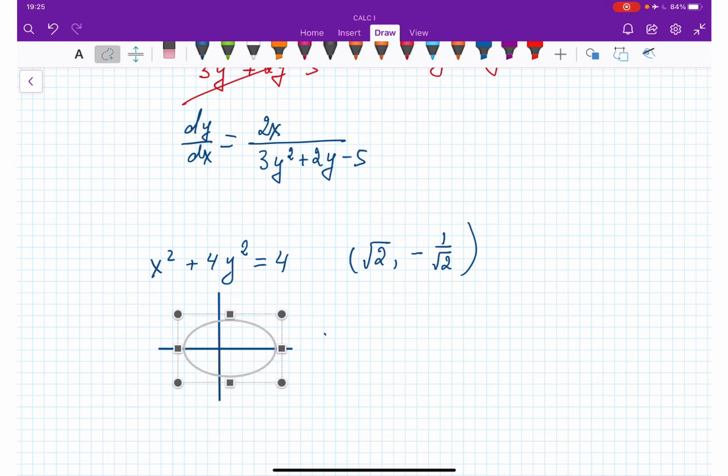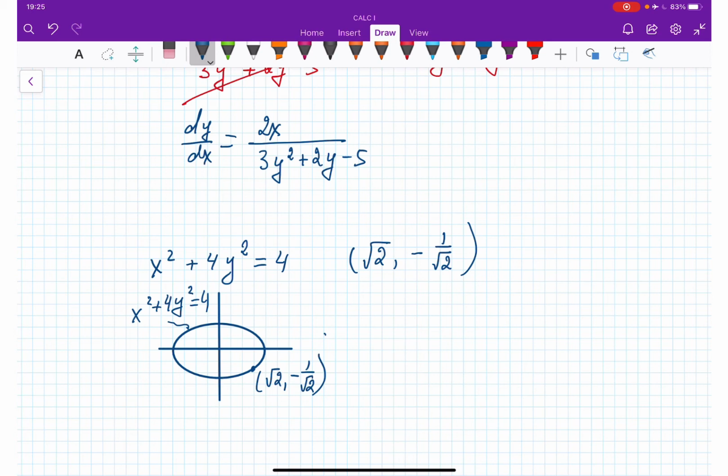Let's assume we have here a point, and this point is square root 2 and negative 1 over square root 2. And this is the graph of x squared plus 4y squared equals 4.